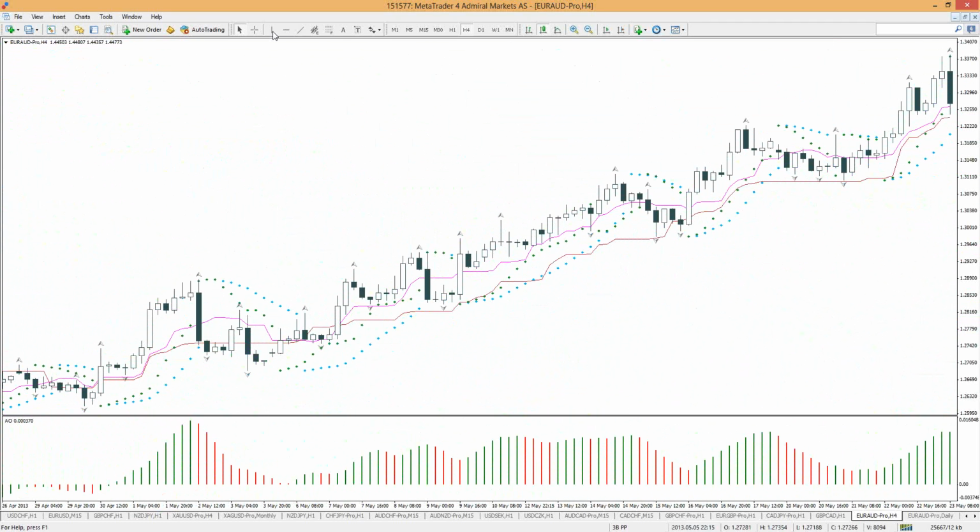Take a look here at this one, for instance. Tenkan above the Kijun, Tenkan at an angle, candle close near the high, breaking through the parabolic.